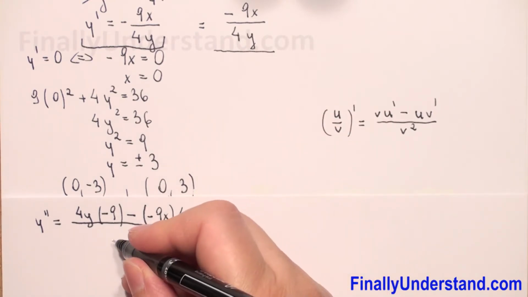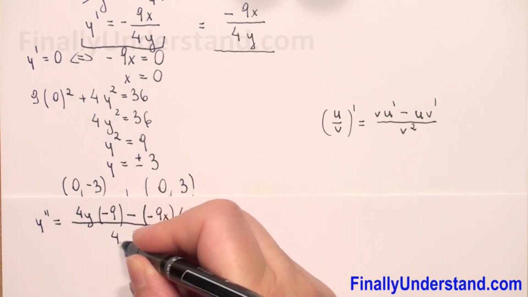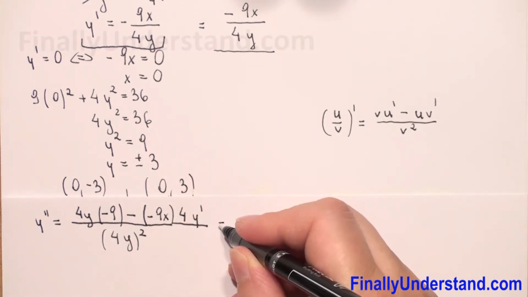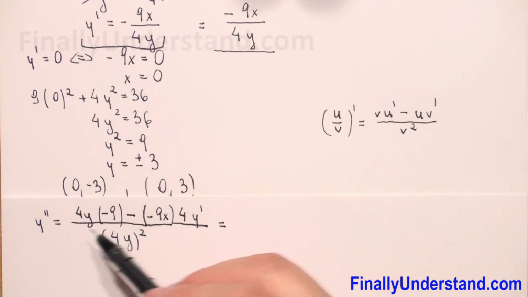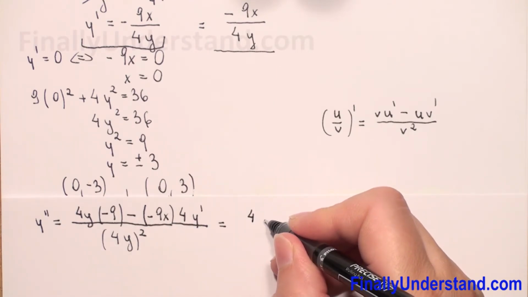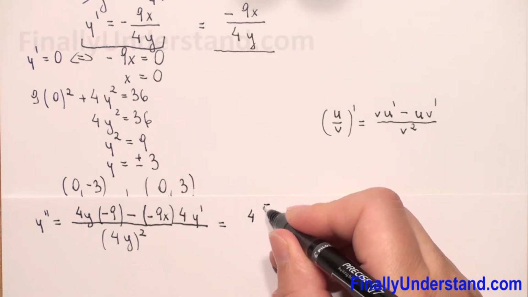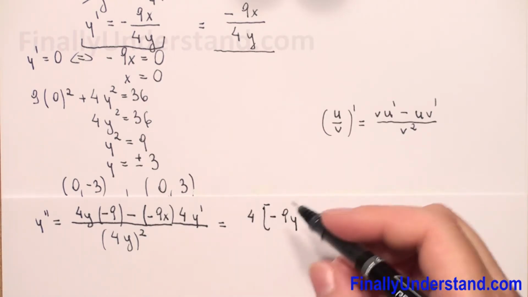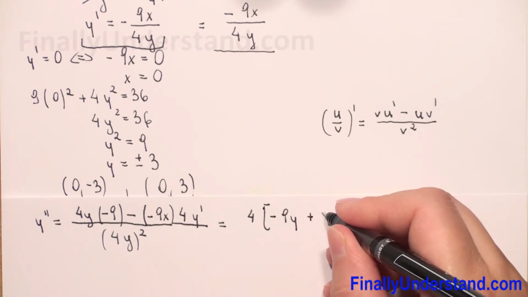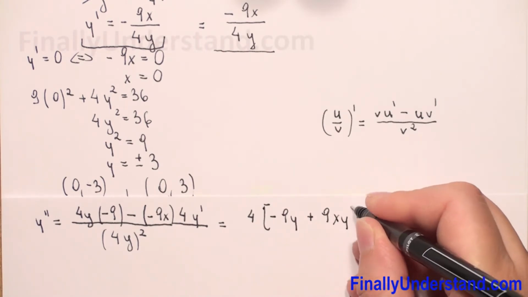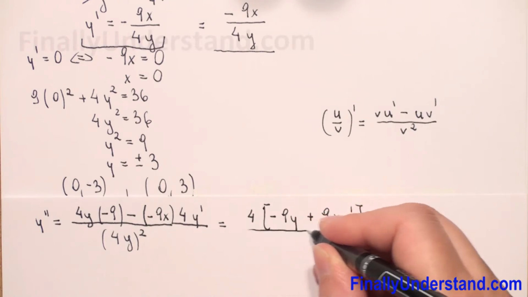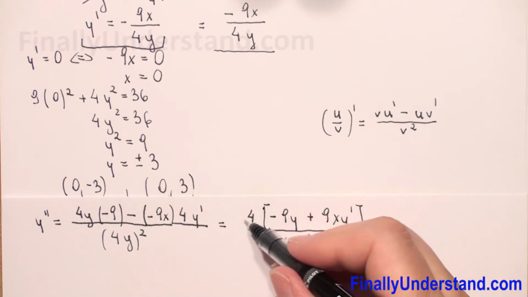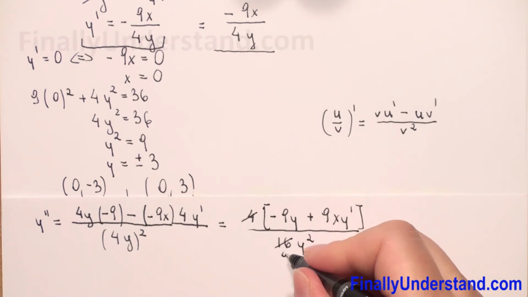So this is over 4y squared. So we can factorize 4, so will be in parentheses negative 9y, negative and negative give me positive 9xy prime over 16y squared. 4 with 16 we can reduce.